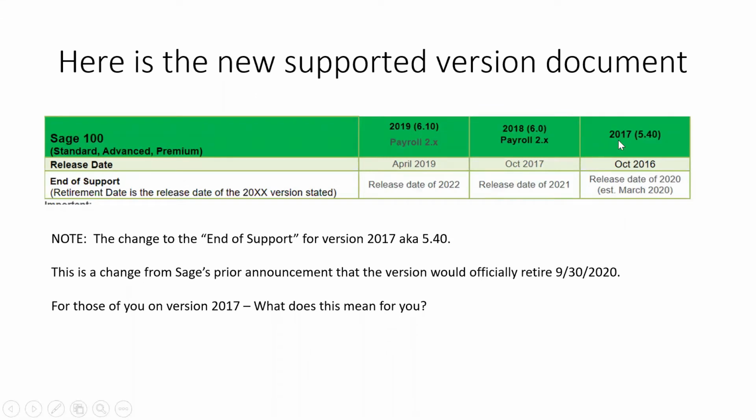You can see here, this is version 2017, which is also known as 5.4. It was actually released by Sage in October of 2016, and instead of the end of support being September 30th of 2020, it's now going to be at whatever date they release version 2020, which is estimated to happen in March of this year.